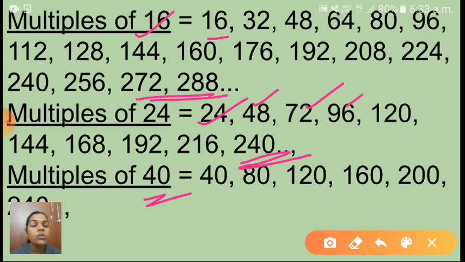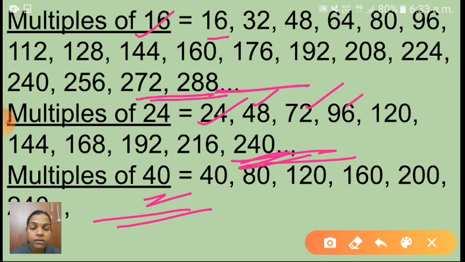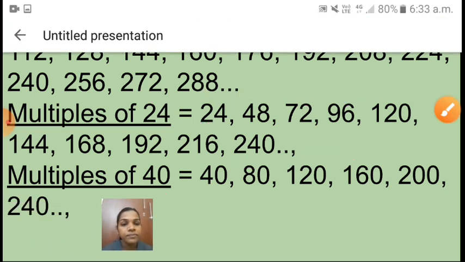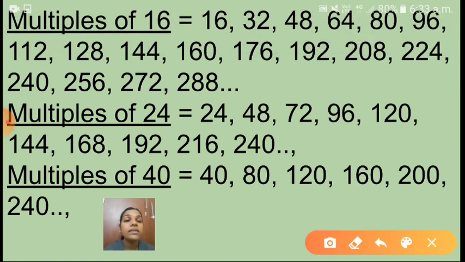Okay, children. If you want more common multiples, you can write more multiples here. But already I told you, if you find even one common multiple, that is enough. If you write more multiples, it will take a lot of time. See here. Now we have these three lists: multiples of 16, multiples of 24 and multiples of 40. Now we have to find the common multiple.